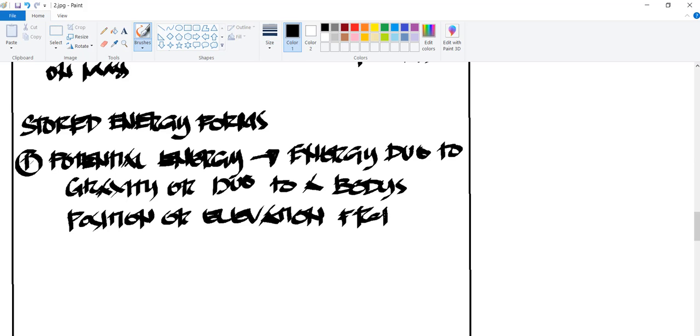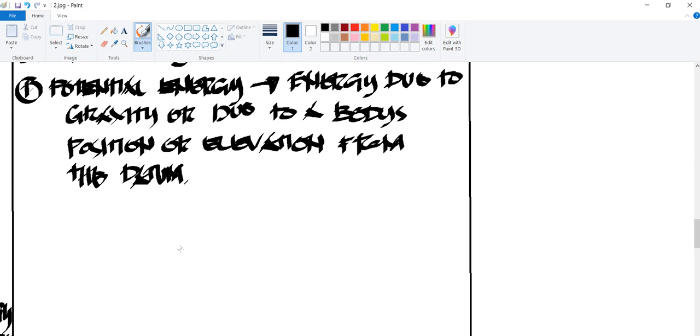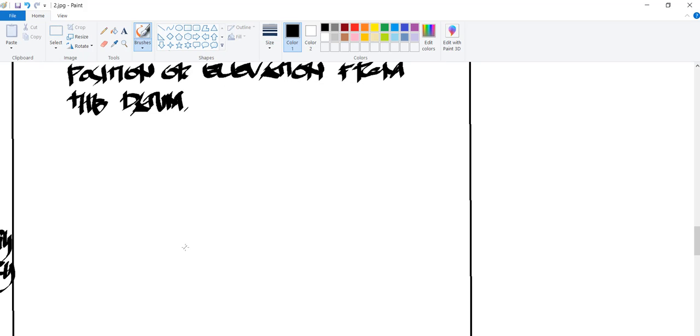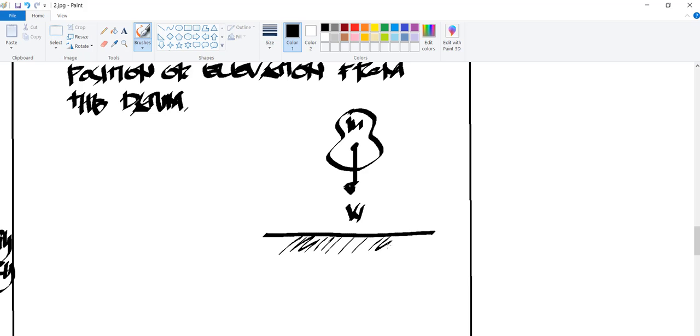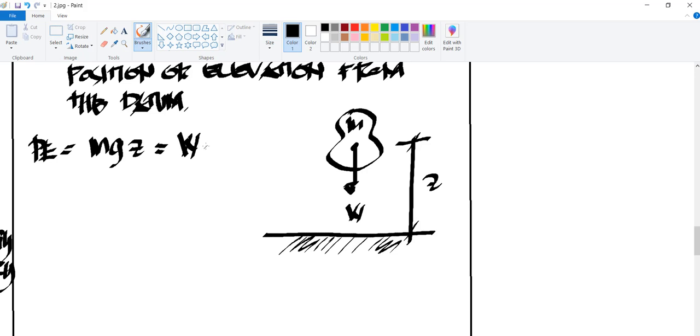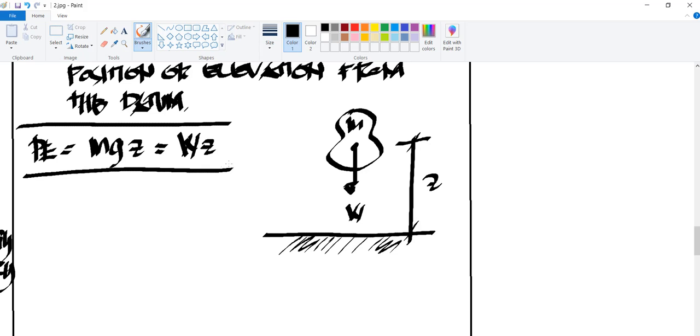It is illustrated by a simple object: you have your mass, then your weight here, and your ground below. Then we have your elevation from the datum, Z. The equation for potential energy is equal to mass times gravity times height, or this can be expressed as the weight times your elevation.